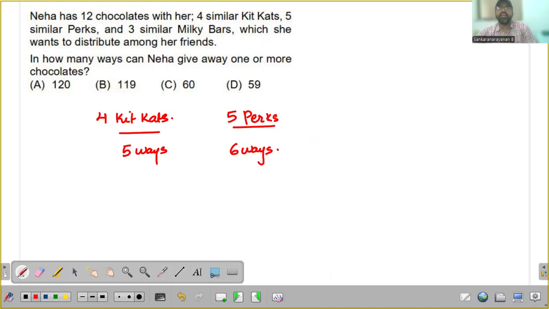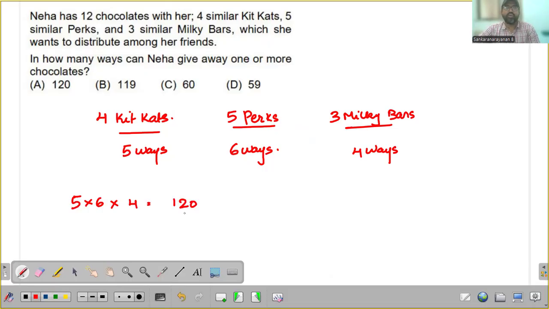In the same way, these 3 Milky Bars can be handled in 4 ways: no Milky Bar, 1, 2, or 3 Milky Bars. Now the total number of ways Neha can handle it will be 5 into 6, 30, into 4. You can say this comes as 120.